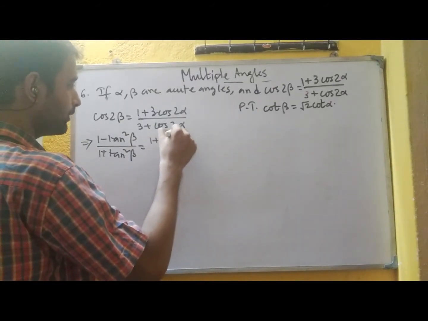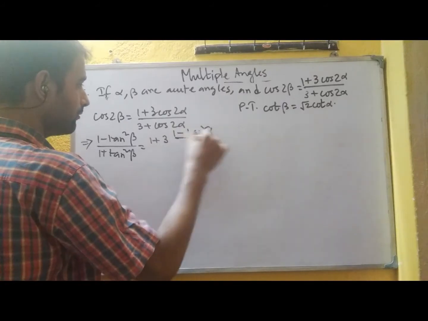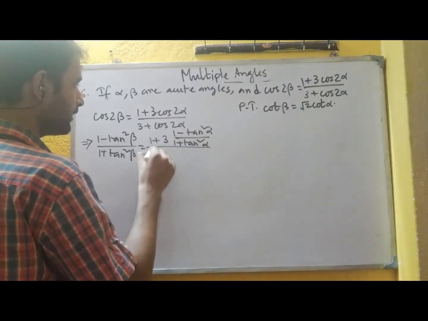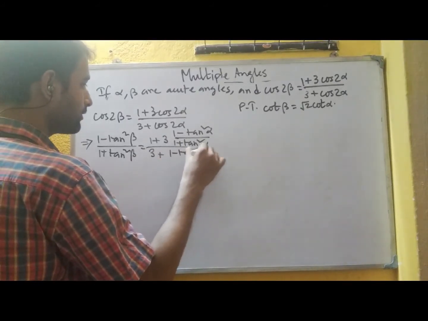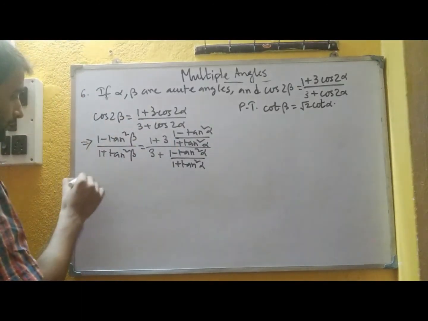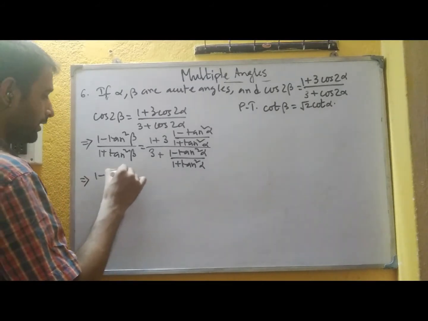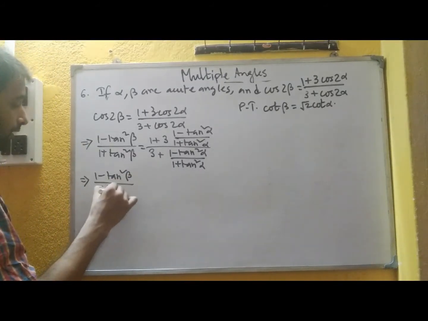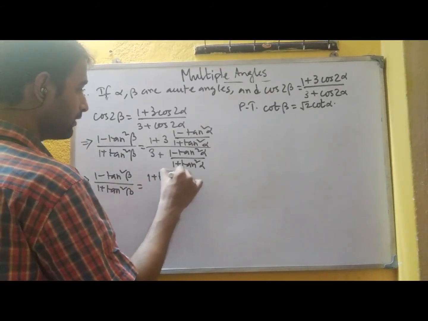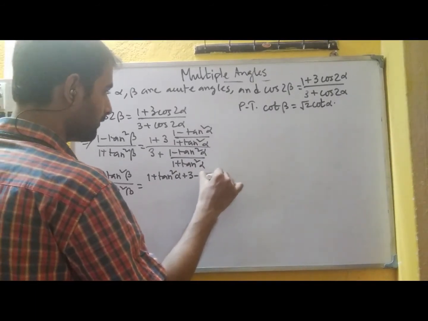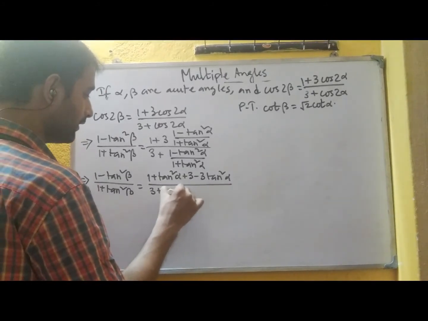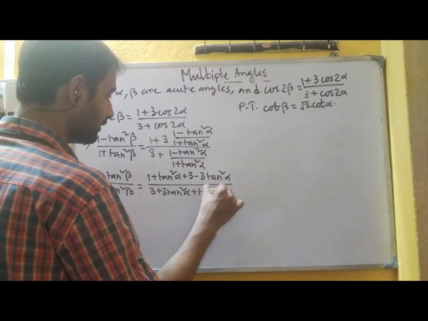Then we are here applying the formula 1 minus tan square alpha by 1 plus tan square alpha whole divided by 3 plus 1 minus tan square alpha by 1 plus tan square alpha. Now after a simple calculation, it is 1 minus tan square beta by 1 plus tan square beta equals 1 plus tan square alpha plus 3 minus 3 tan square alpha divided by 3 plus 3 tan square alpha plus 1 minus tan square alpha.